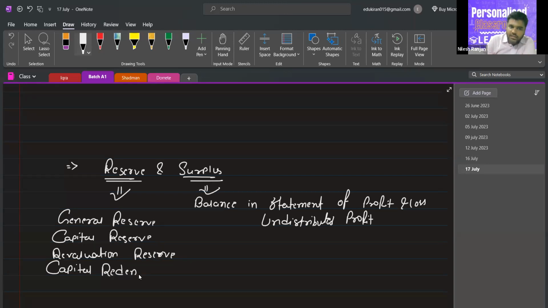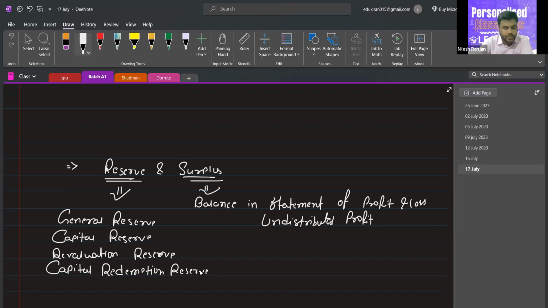So these are reserves which are included in this. There are some other reserves also. It is not the end of the list. There are various reserves that we have to study, but generally two or three items are given. So you have to remember these things.